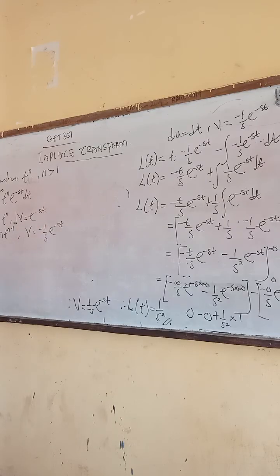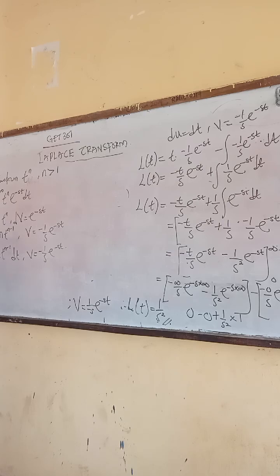You get? So cross multiply to get your du. du will be equal to what? n t raised to power n minus 1 dt. And then you have your v to be minus 1 over s exponential minus st. So now use your formula. The formula says uv minus integration of what? v du. So you now have Laplace of t raised to power n equals uv.